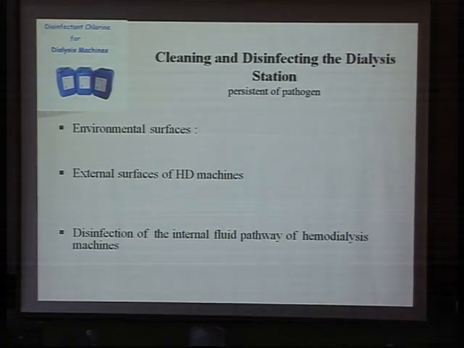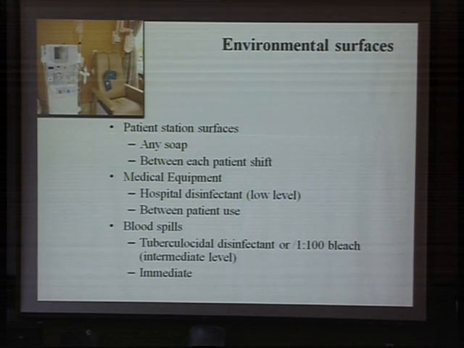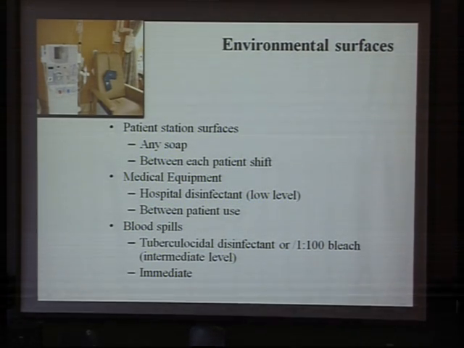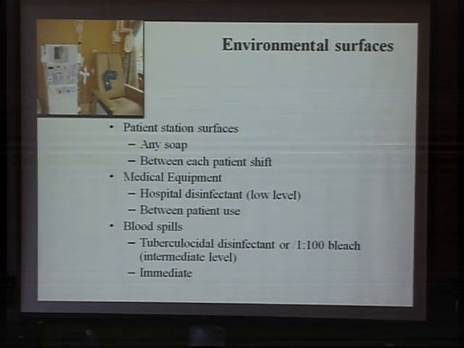How can we do it? We have several places: the surface, the machine itself, and the internal fluid pathway. For the machine, for the internal environment, use any soap, and it should be done between each patient shift. Medical equipment is cleaned with a low-level disinfectant. But if the medical equipment has been soaked by any blood, we should clean it and then use an intermediate-level disinfectant.